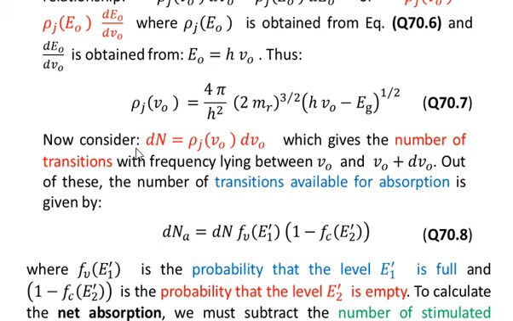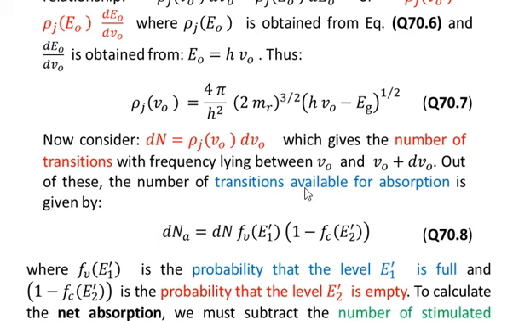So here we are calling it the number of states or the number of transitions, or you can equivalently also say the density of states, lying between nu naught and nu naught plus d nu naught, and we are representing this as the number of transitions represented by dn. So this is the elemental number of transitions represented by dn lying in the frequency range between nu naught and nu naught plus delta nu naught.